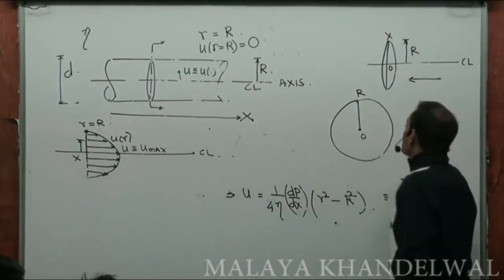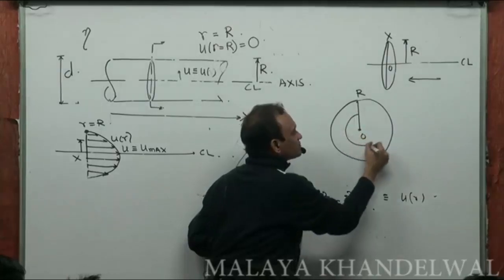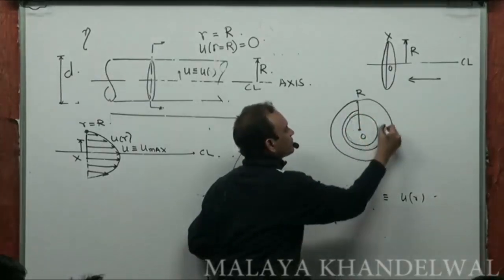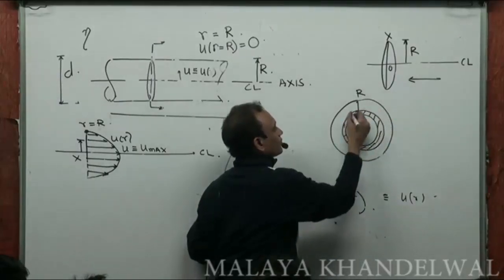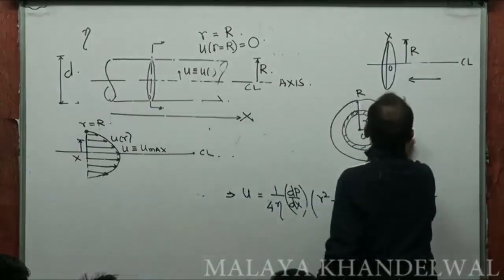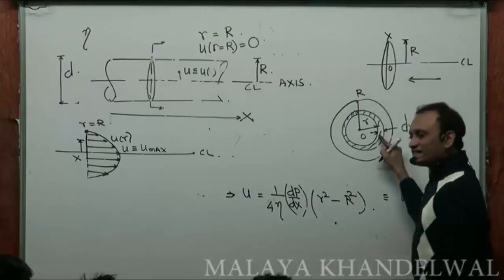Now, I imagine a small circular strip of radius small r and of thickness dr.